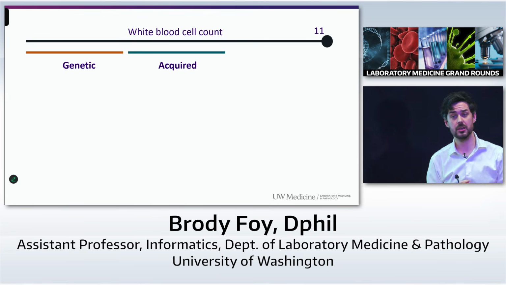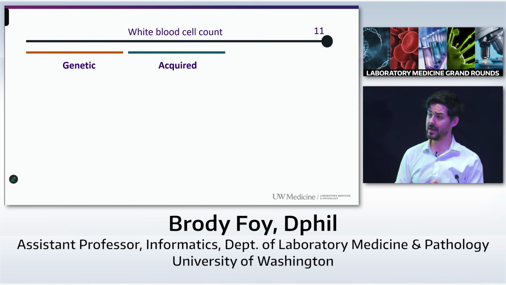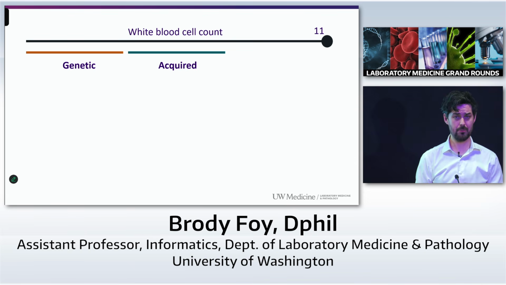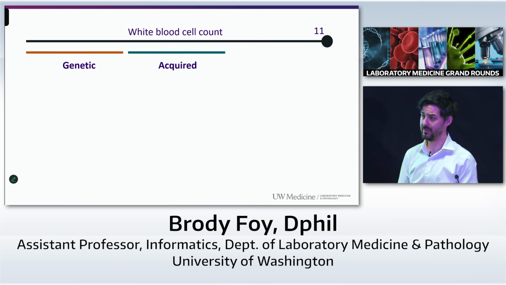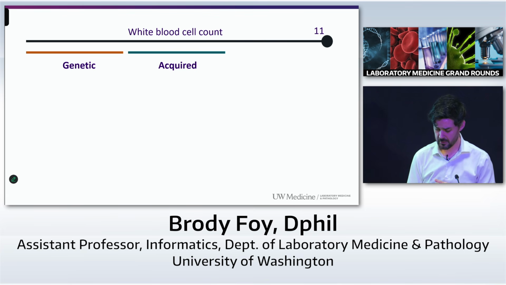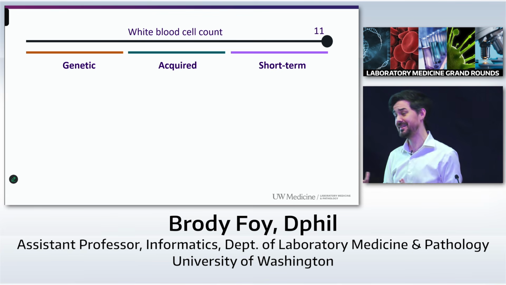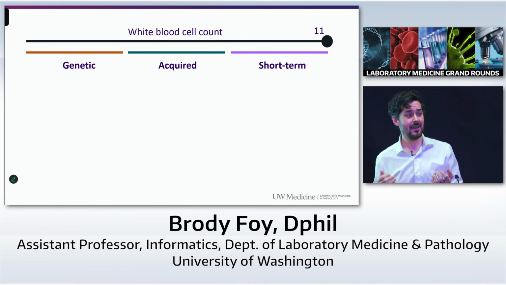There's an acquired component. Hey, you have rheumatoid arthritis, and that's not healthy for you, but it's a chronic condition, we're not curing it, and it's putting upward inflammatory pressure, causing a rise in your white cell count or other inflammatory markers. And there's a short term. You've been hit by a bus. Your body's panicking because, hey, you've just been hit by a bus.